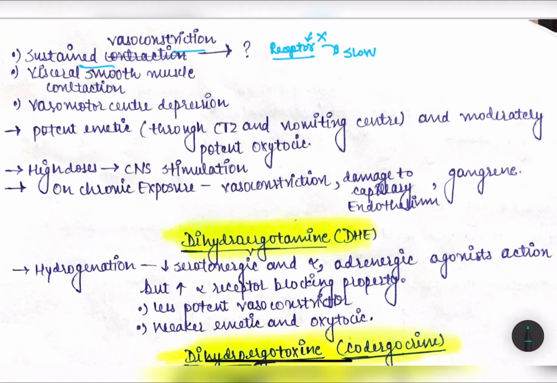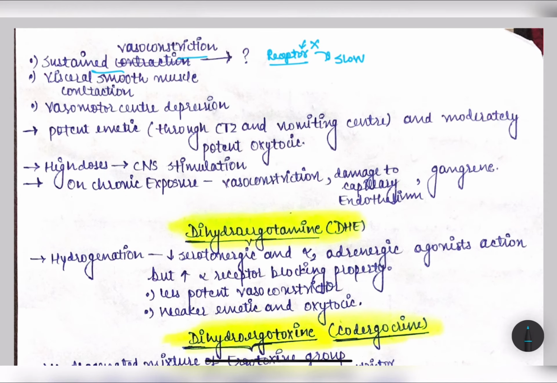However, the overall effect of ergotamine on BP is insignificant, but it is a potent emetic through the CTZ and vomiting center, and it is moderately potent oxytocic. At high doses it stimulates the CNS, otherwise it does not.